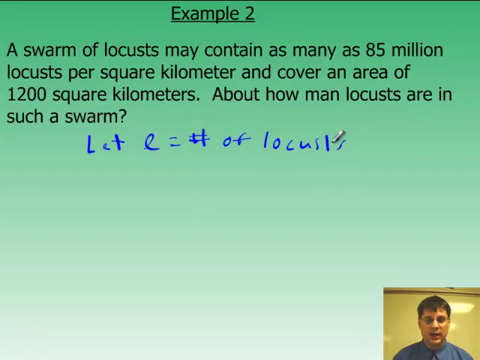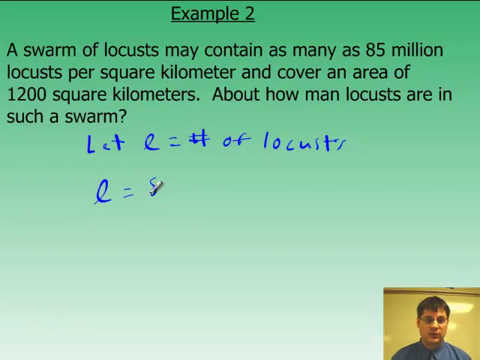and the number of locusts is basically equal to the quantity of locusts per square kilometer, or how many locusts are in each square kilometer, times the number of square kilometers. So there are 85 million locusts per square kilometer, and we're going to write that in scientific notation.